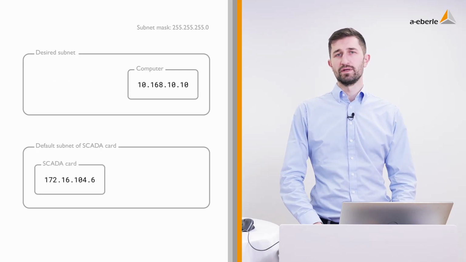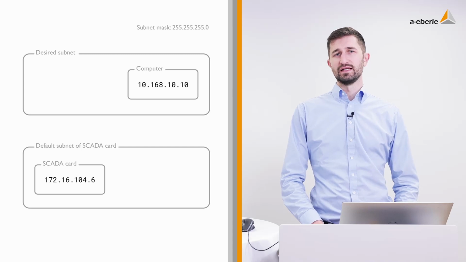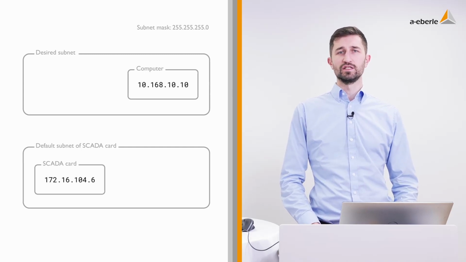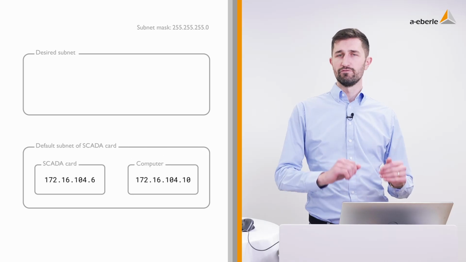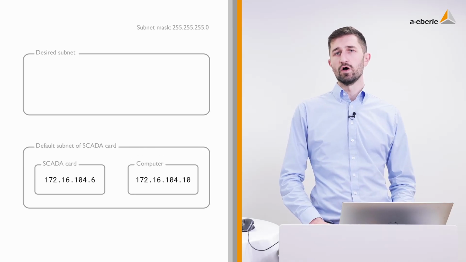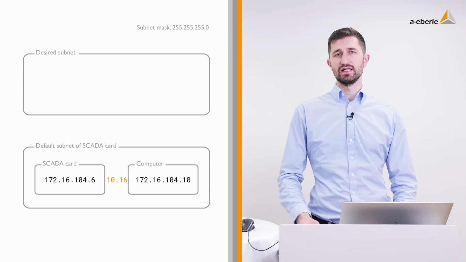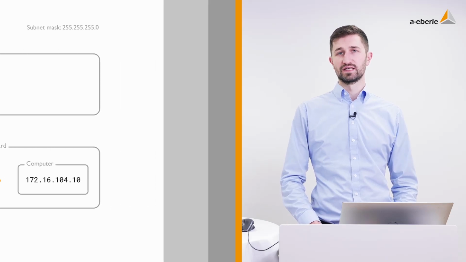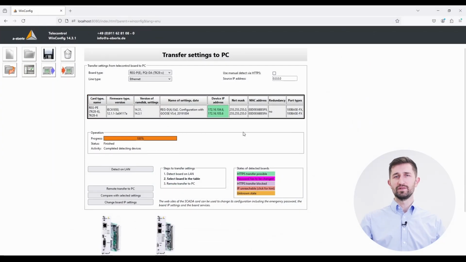To change the IP address of the SCADA card, I take an intermediate step and change the IP address of my laptop first. That is the only way to send setting files and to change the IP address of the card. I change the IP address of my laptop to 172.16.104.10, and now the color behind the IP addresses is green. I am now able to change the settings.